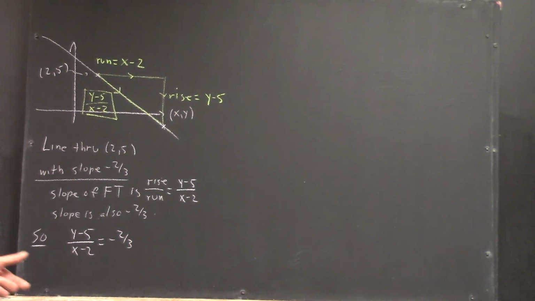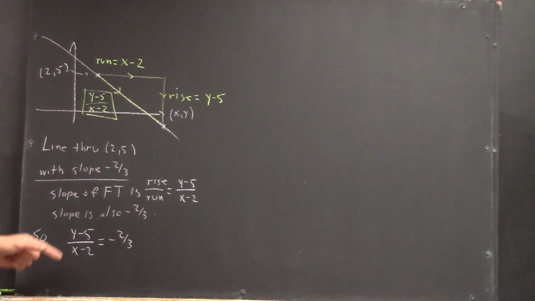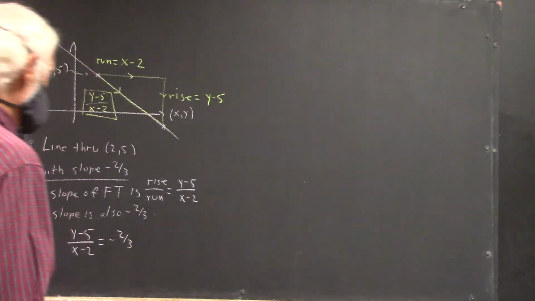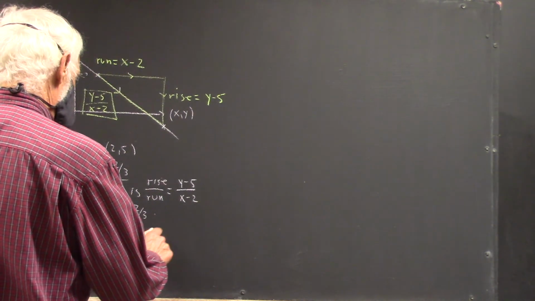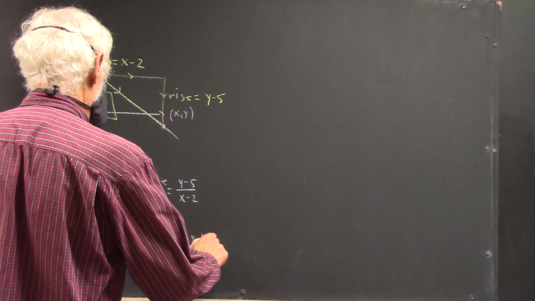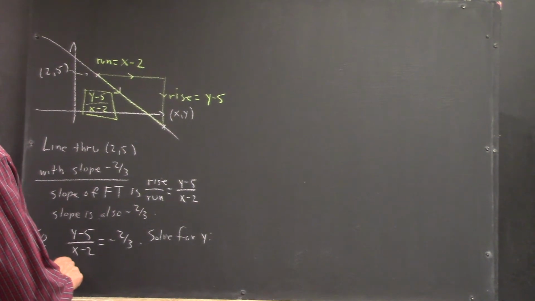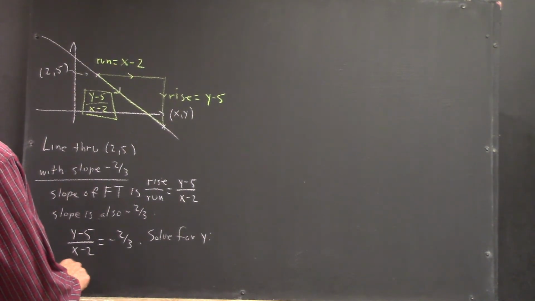And the idea of getting 2 expressions for the same thing and then writing an equation is kind of a revelation to a lot of people at this level, okay? But it's something that we do all the time, so here's an example of it. Now, we can solve for y. How do we solve this for y? We multiply both sides by x minus 2.